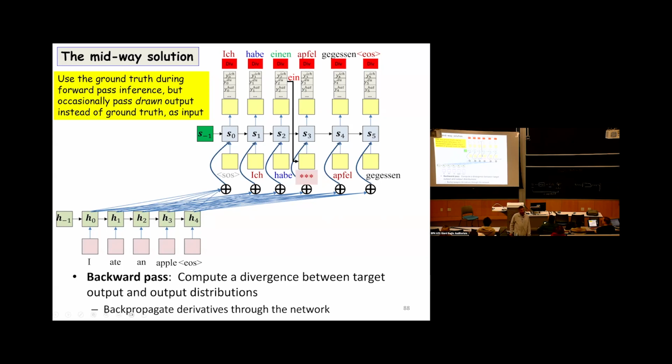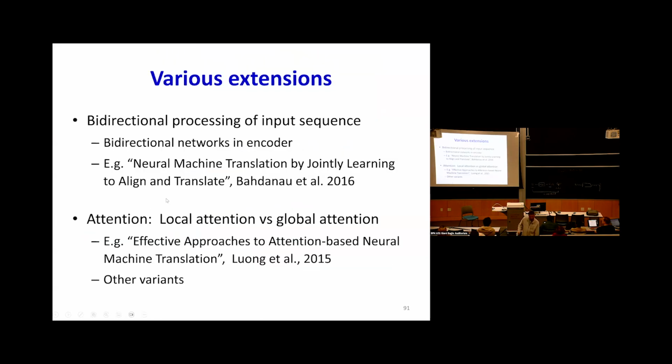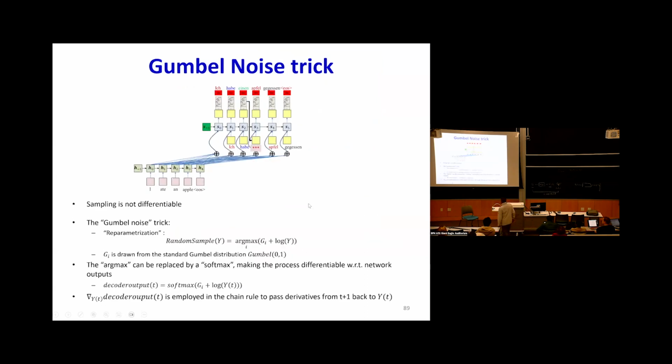The way you would do it is to think about it in terms of the embedding. What happens if I change the embedding a little bit? We begin working at the embedding level. But more mathematically, you like to think of something called a Gumbel noise trick. A Gumbel noise trick is based on a very simple principle.